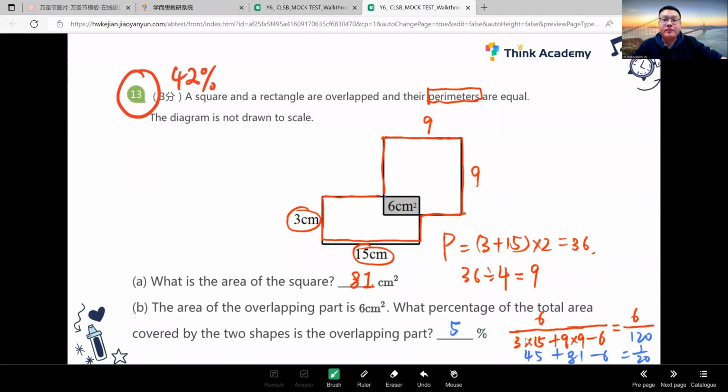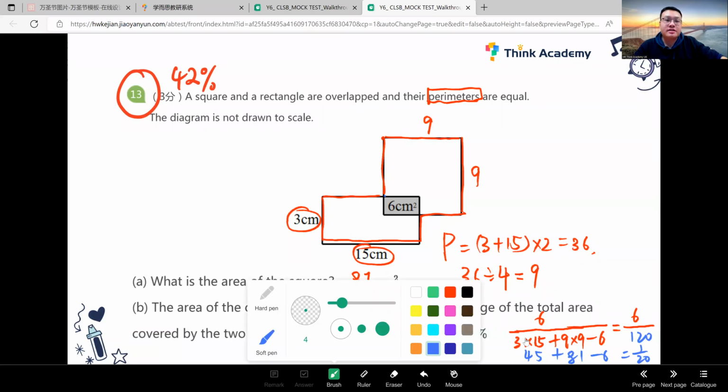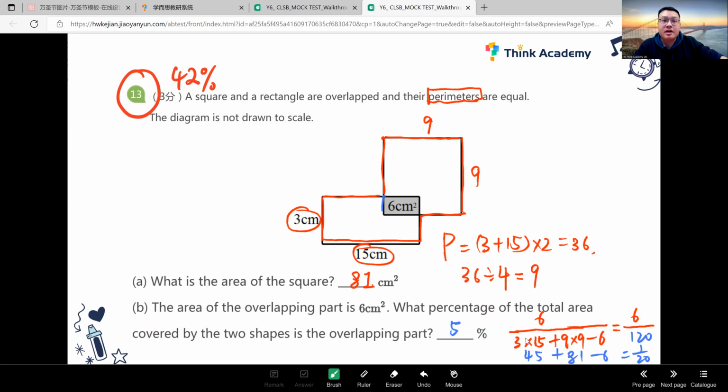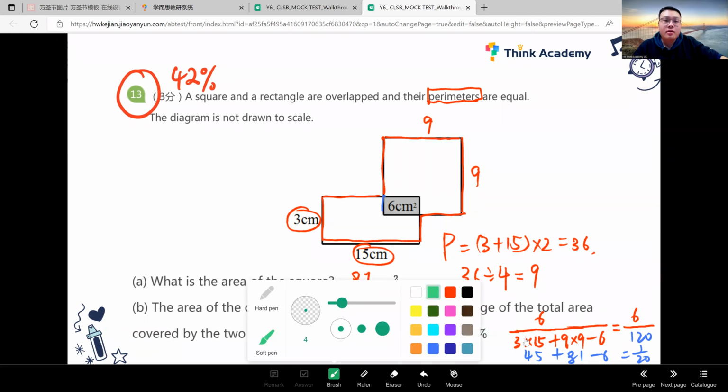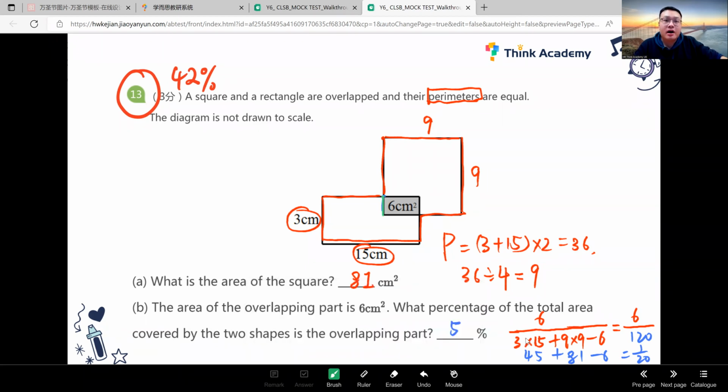So actually, I think if I do it this way, it'll be much easier for you to understand. I'm going to cut this whole thing into 2 parts, okay? How about this?